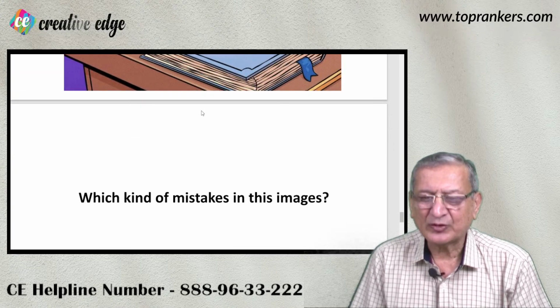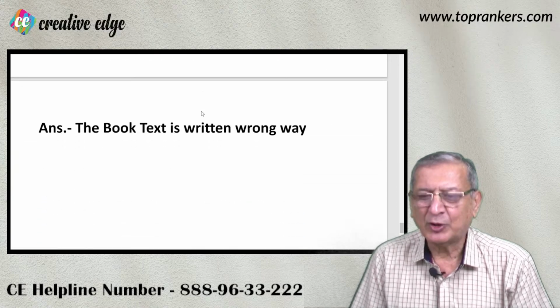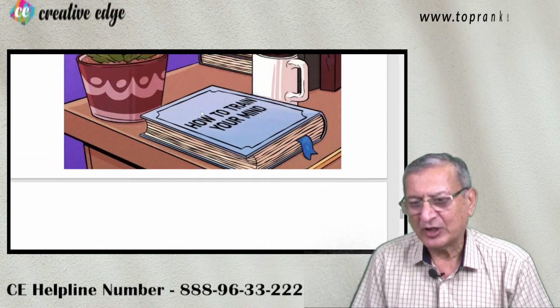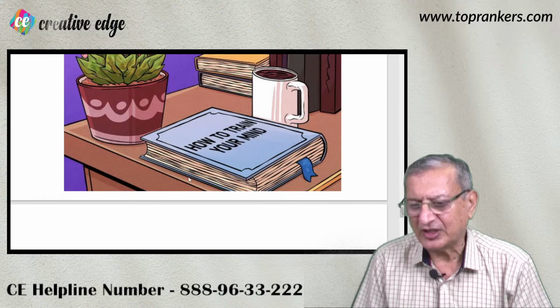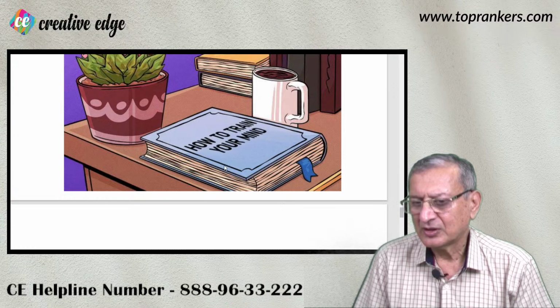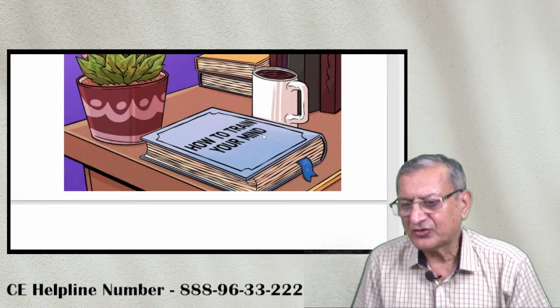So which kind of mistake is in that image? The book text is written the wrong way. We'll go back because we are discussing, we are still learning. You can see that the closure of the book is here and the opening is on this side, so it is written the other way around. What is seen straight is not straight to you.